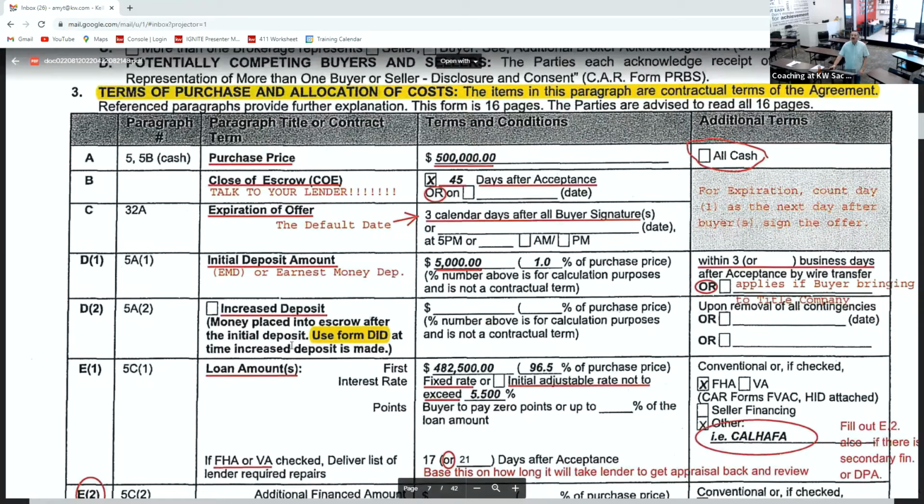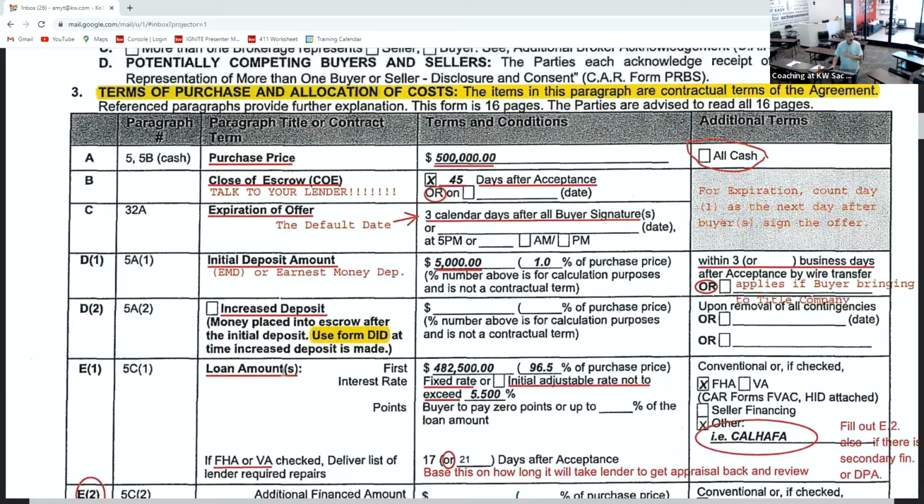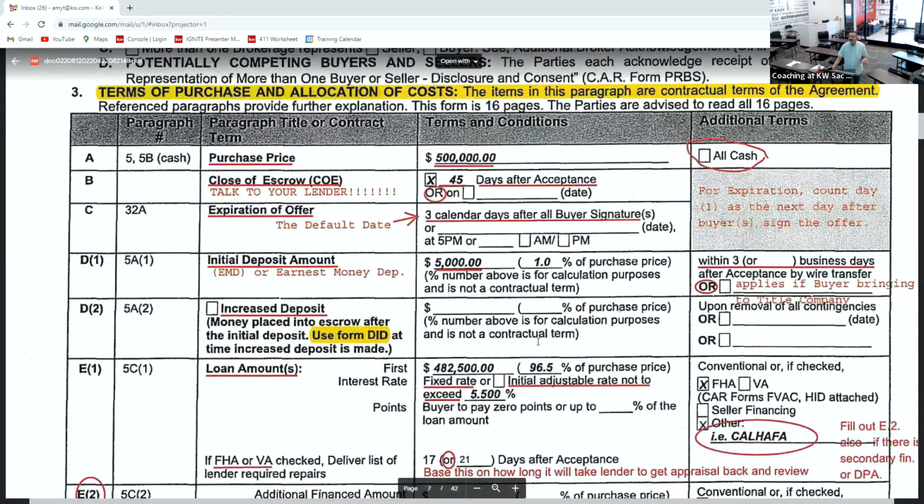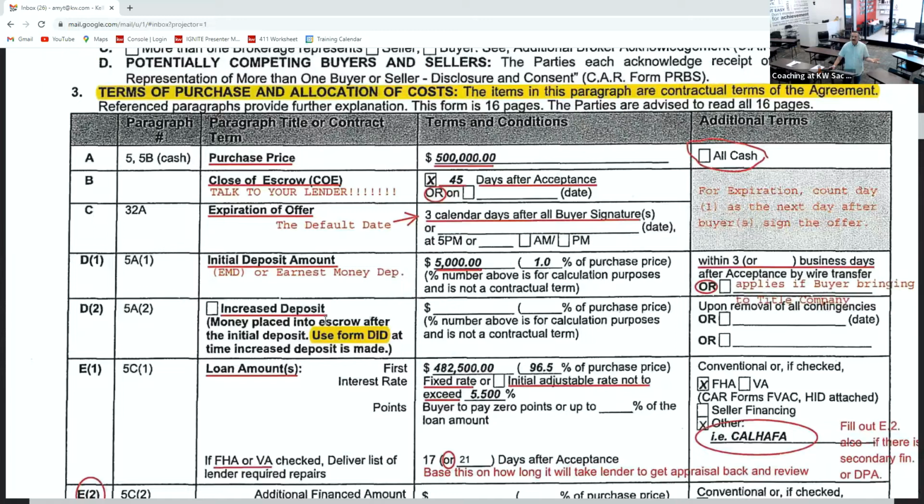Now, I will tell you that many agents, most agents, I would actually say, have probably always gone along with the concept that, well, if I submit an offer, and even if it's already expired, as long as the seller comes back with an acceptance, we can revive the offer. Well, that's the way business has been done in real estate for many years, and a lot of agents will do that.